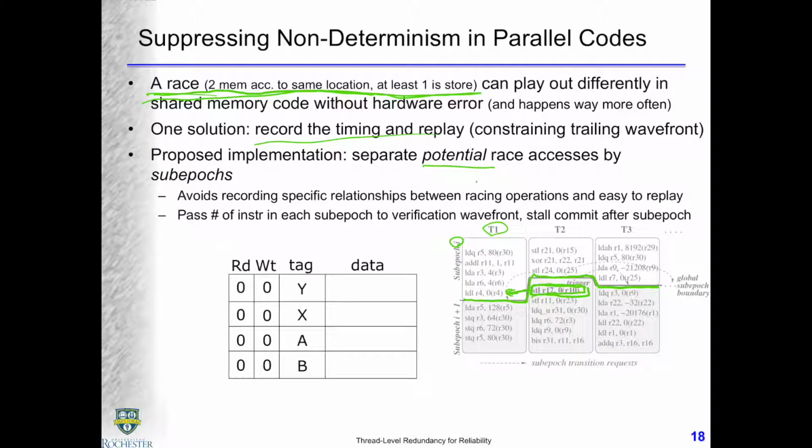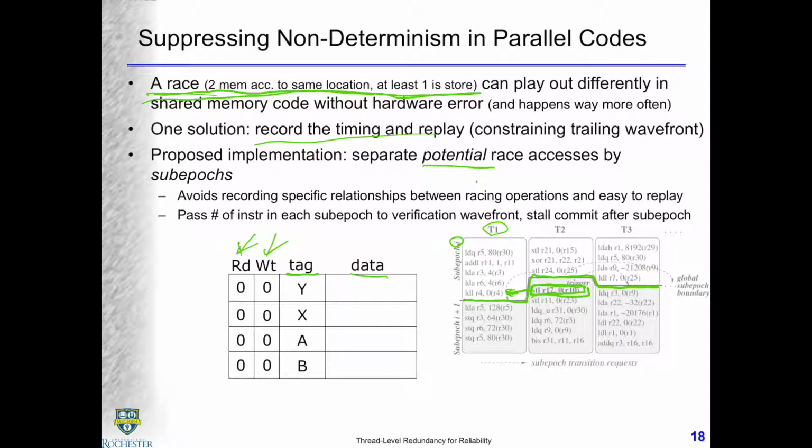Okay, so how do I know I have such an event to trigger? Well, you already have the hardware. It's a tag, it's data. That's your cache. Now we're adding 2 little bits to make this work. One bit is a read, the other is a write.